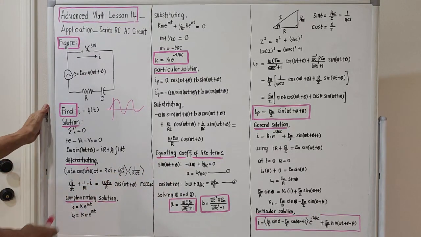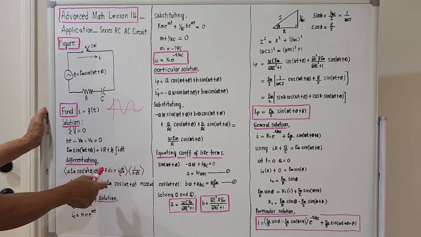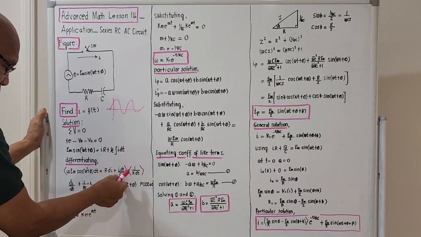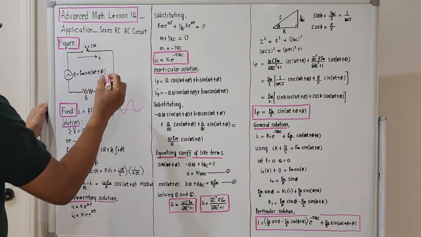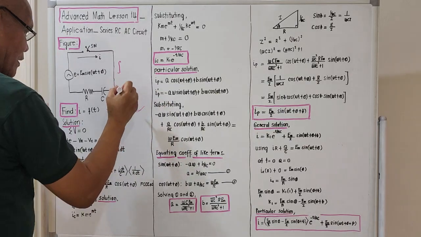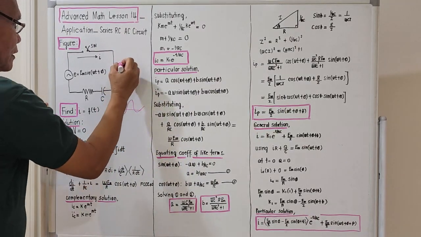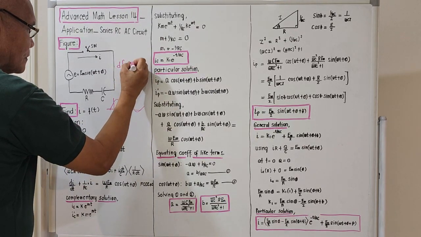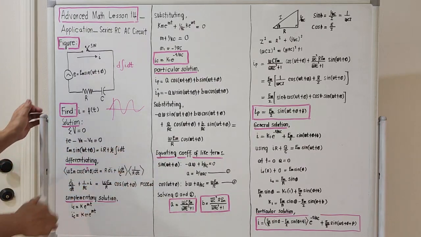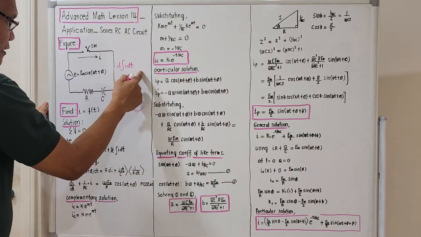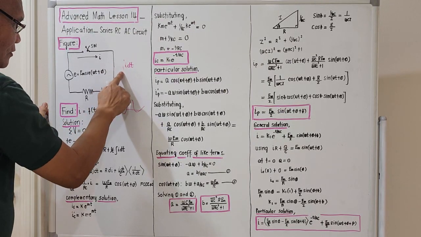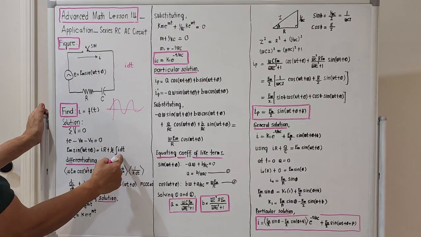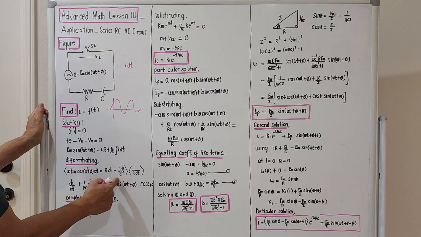If we take the differential, it should be that constant times the differential of the current, so R times di, plus i dt over C. I have said in the previous lessons that if we take the differential of the integral of i dt, because we are taking the differential of both sides, this will cancel out. So what remains for this part will simply be 1 over C times i dt, or simply i dt over C.